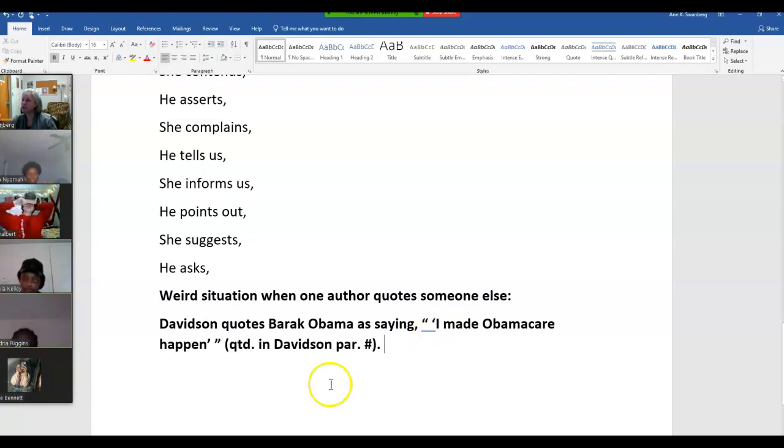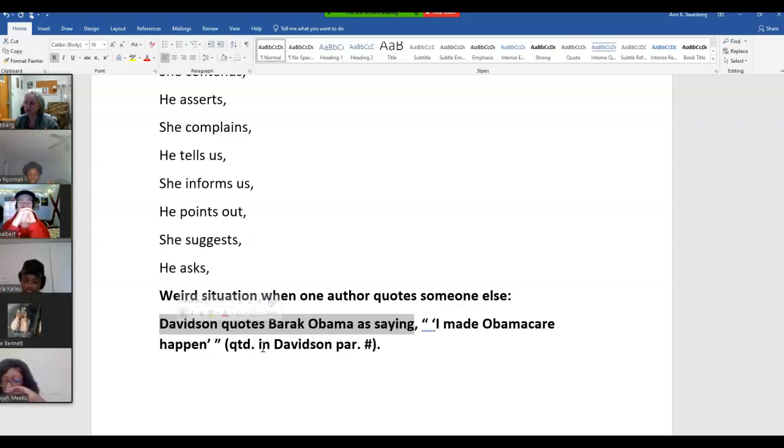Obama says, comma, quote, and then put in the same citation. But if this part is getting grammatically weird, don't let it get weird. Separate it into 2 sentences so that you can explain what's going on, who's talking about whom, and make it clear to your reader who's talking, even if it takes an extra sentence.